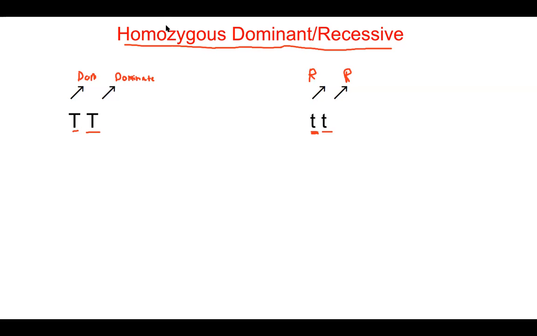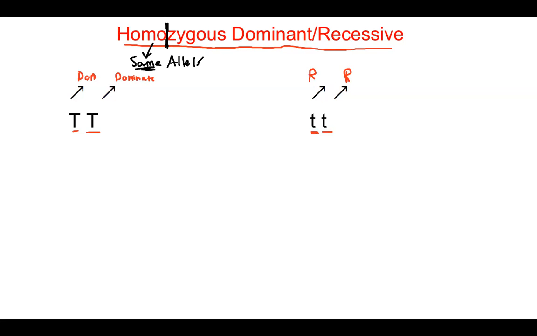So when we're taking a look here, if you break down the word, homo means same. If you are a homosexual, you like the same sex as you; homo means same. In this case, we're referring to the same allele.